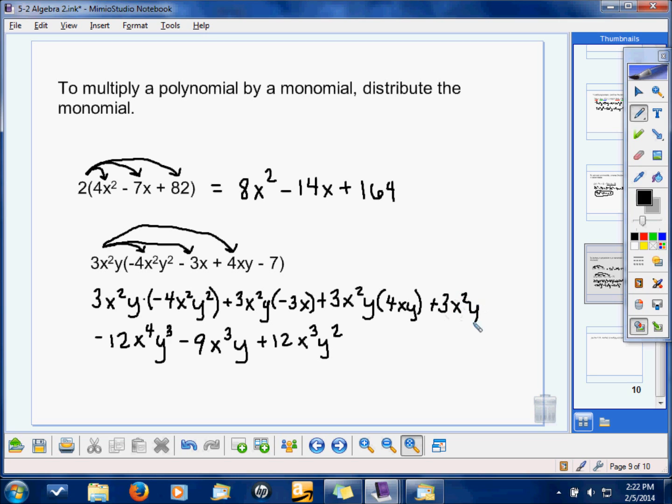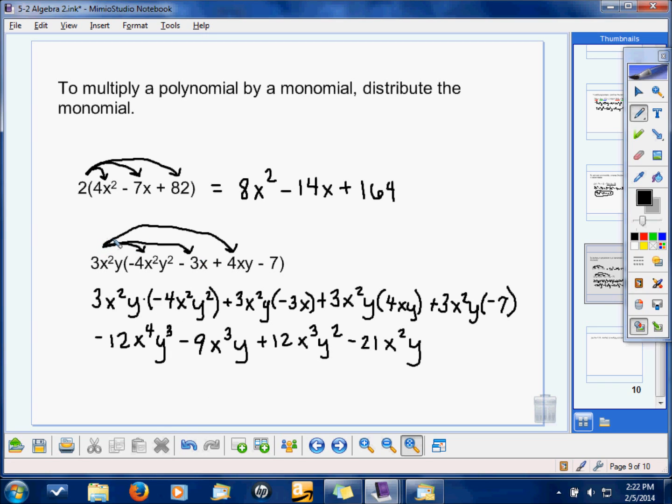Now, like I say, you're probably not writing this middle step when you're doing the actual problem. You don't have to write this part, but I'm just trying to show you what's happening for your notes. So 3 times negative 7 is negative 21, x squared y. And so your polynomial is now complete. You've distributed times each and every one.